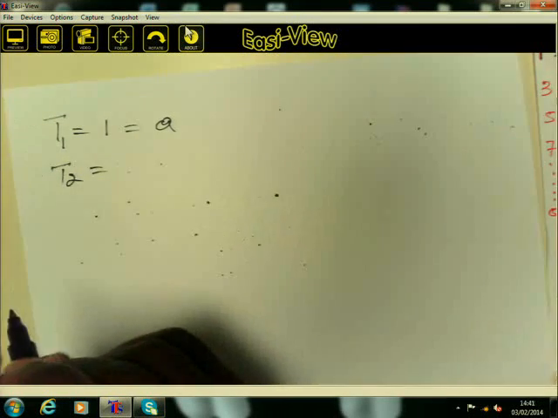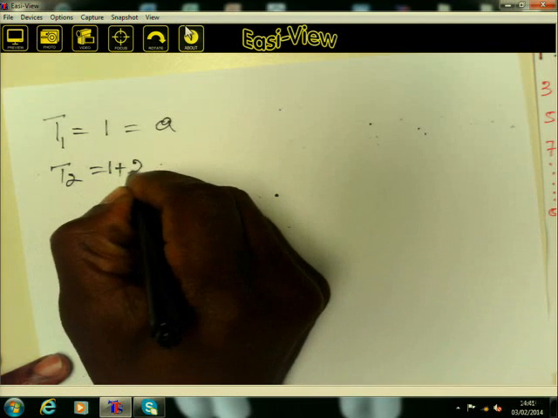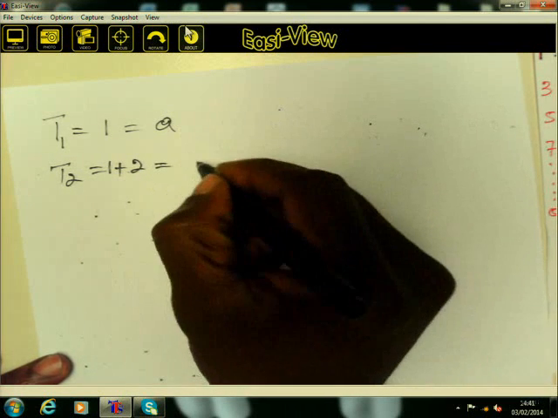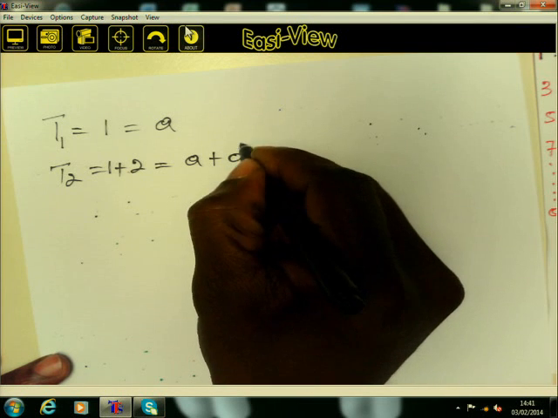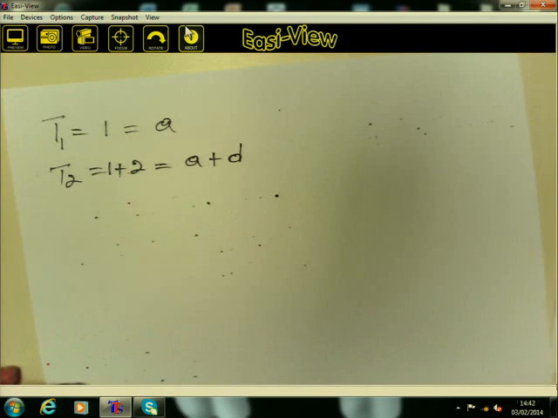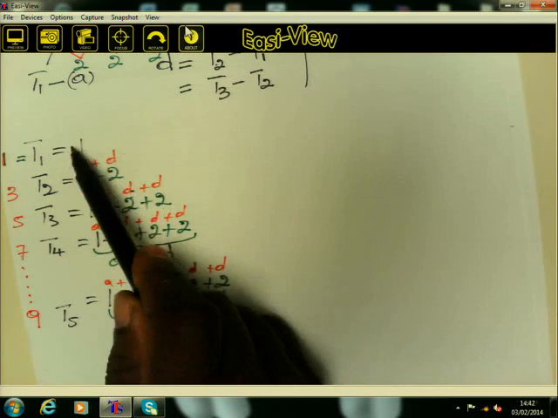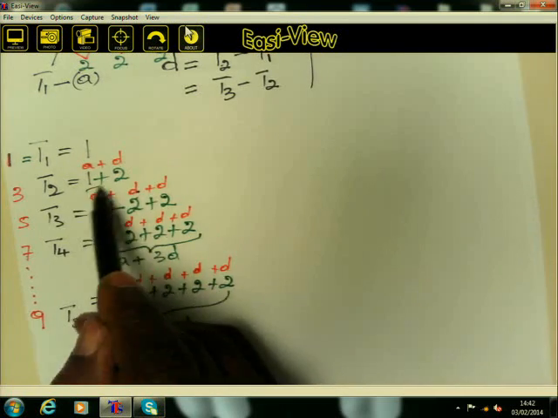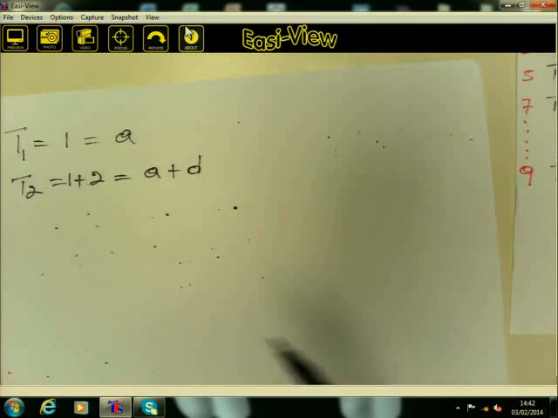T2, which is term number 2, will be 1 plus 2, which can be represented by A plus 1 difference. Remember we said here 2 is the difference, 1 is the first term. So in that case we are going to have A plus the difference.